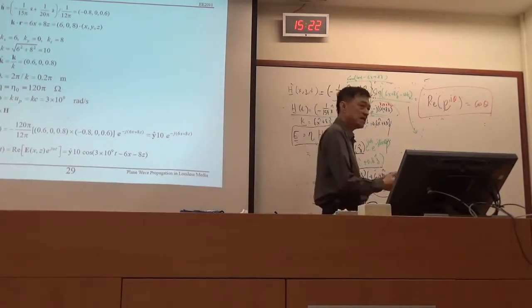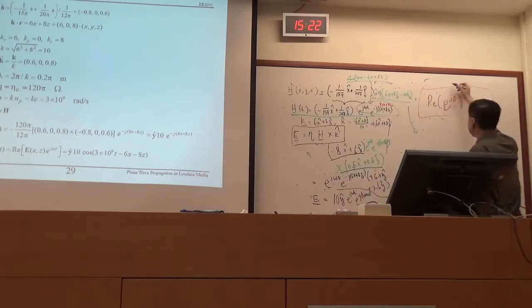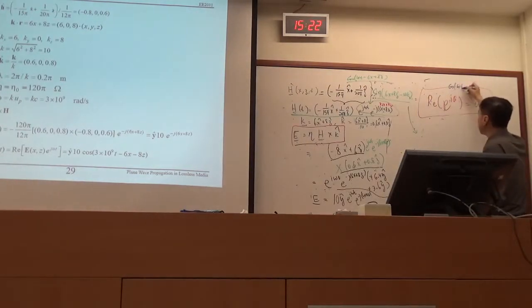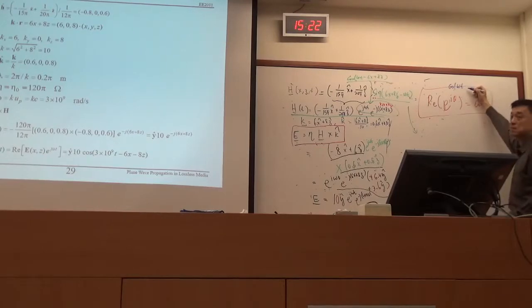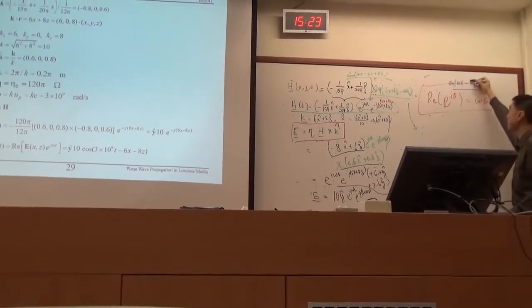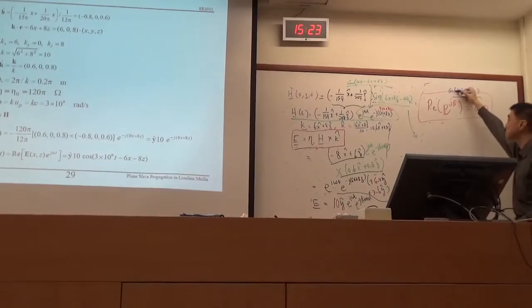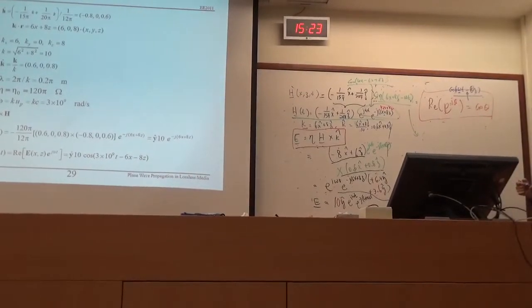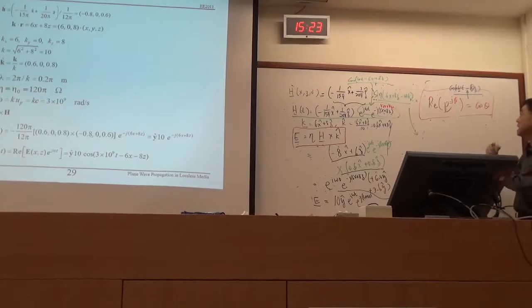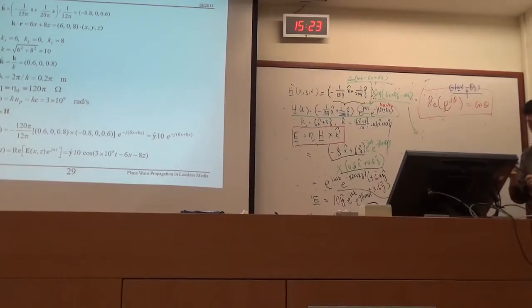Remember, my standard form must be cosine omega t minus kz, something like this. The k here must be a negative sign, the omega here must be a positive sign, and this one must be a cosine.